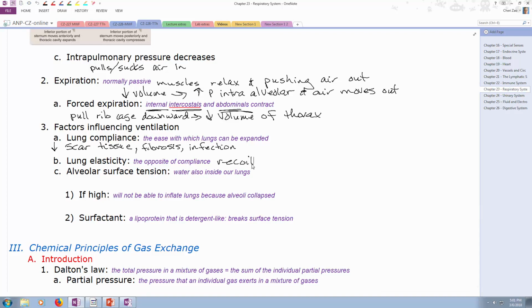A good example of losing elasticity of your lung tissue is if we have a brown paper bag and I blow it up. It's easy to blow it up. It's very compliant. But what about its ability to empty out the air when we're not actively trying to fill it?